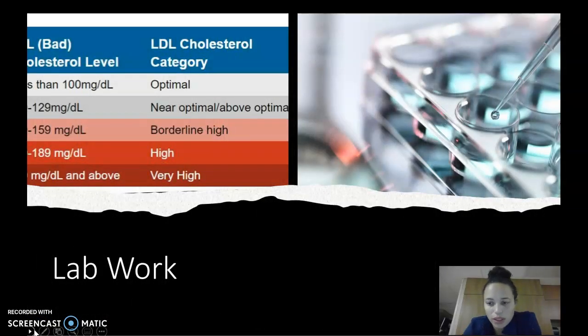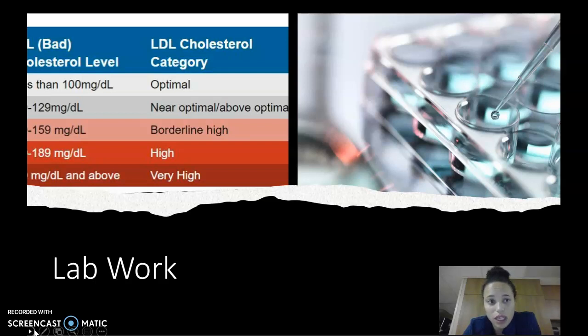So why is LDL so important? The reason, as I said before, is that it causes buildup in our arteries, and you usually go and get lab work done if you're having any symptoms of higher cholesterol.